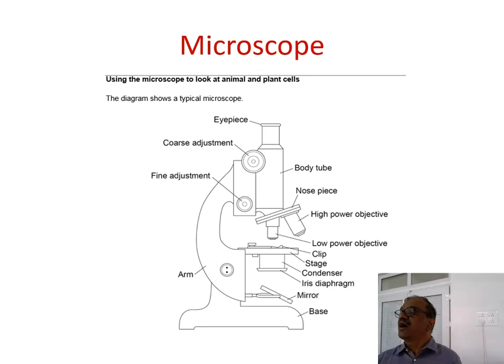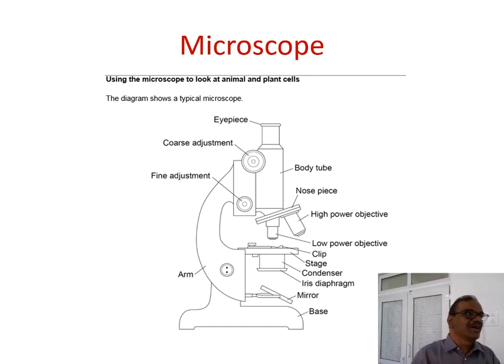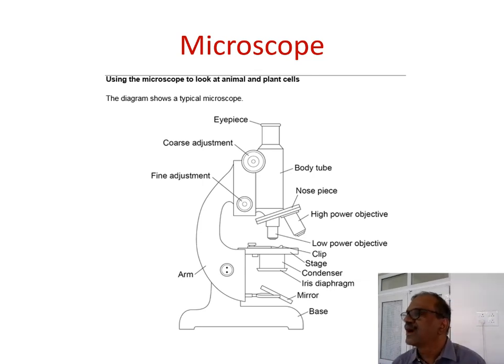So how best can we increase the magnification with many lenses? That is called a compound microscope. Some call it a simple compound microscope, but that is a misnomer. You can call it a compound microscope with two lenses instead of a single lens: one is the eyepiece, another is the objective.